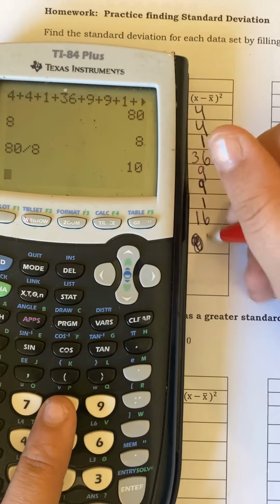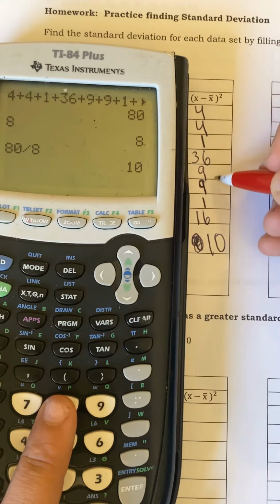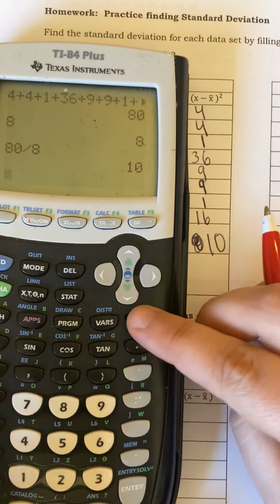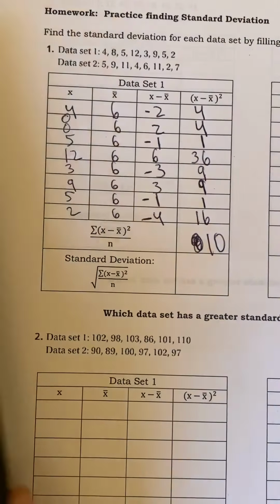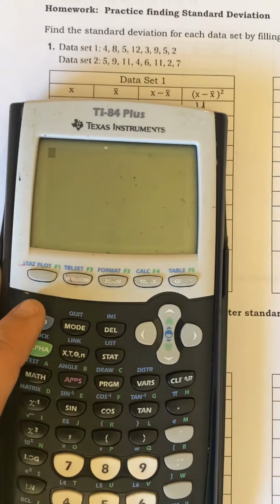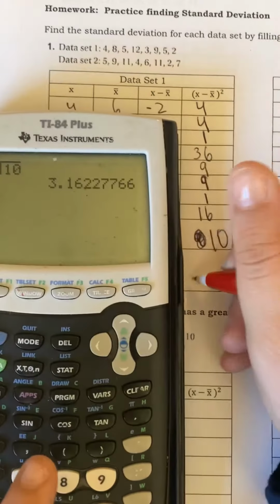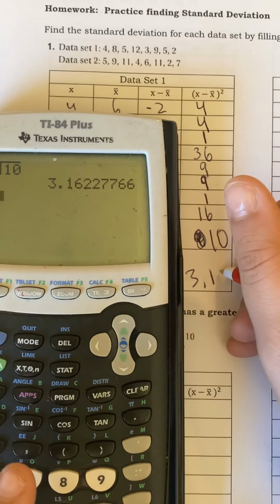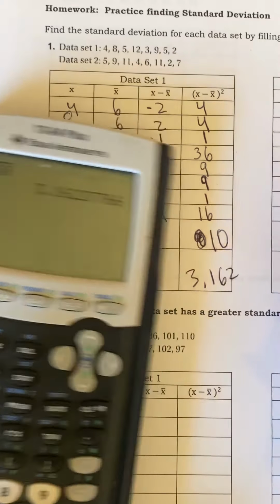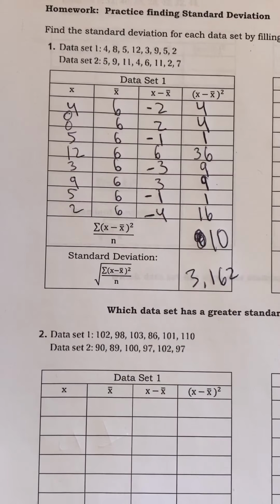Sorry, my bad. 1, 2, 3, 4, 5, 6, 7, 8. Yep. Okay. And then when you just take the square root of 10, that gives you 3.162. So that's our standard deviation. That basically means that all my points are about 3.162 units away from my mean.